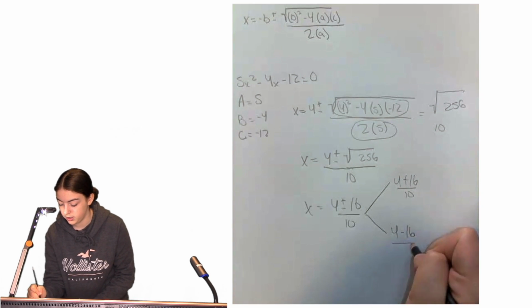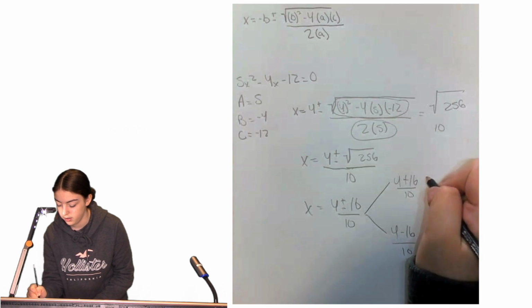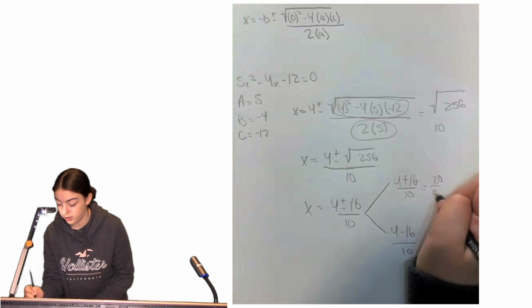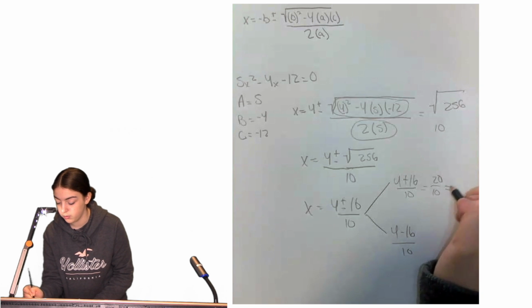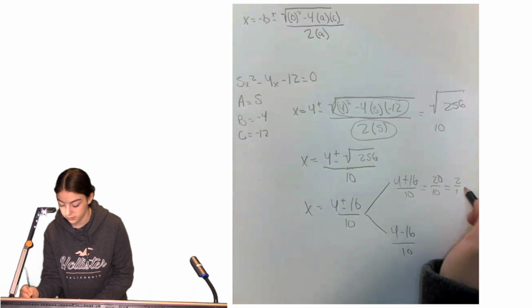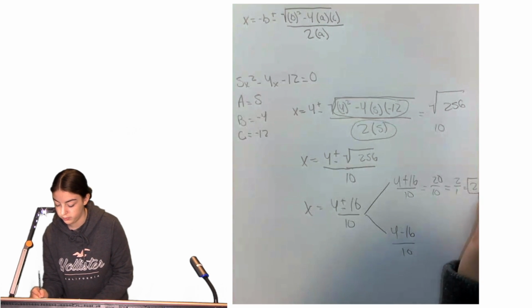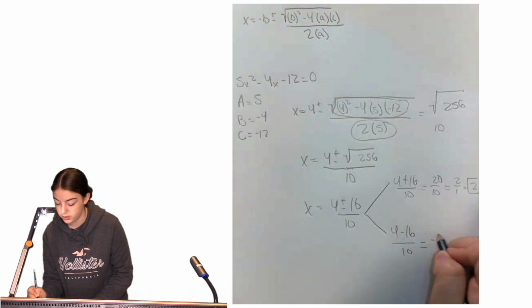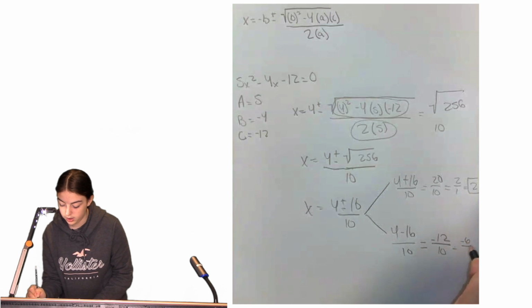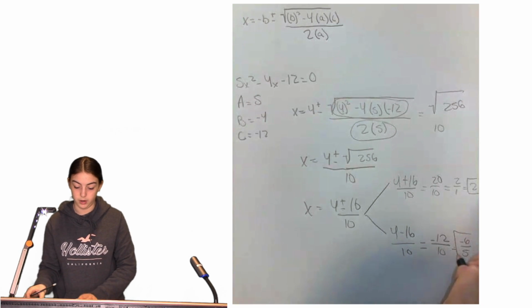So 4 plus 16 equals 20 over 10, which simplified equals 2 over 1, which equals 2. And this equals negative 12 over 10, which equals negative 6 over 5. And those are the answers for problem 1.